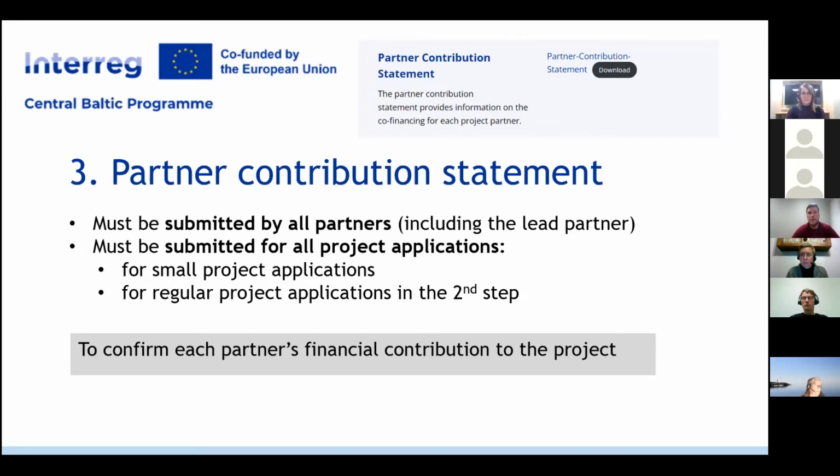In case of a regular project, you submit this in the second step. However, if this is a small project, you submit it at the same time when you apply for the project. And this document is needed to confirm each partner's financial contribution to the project.